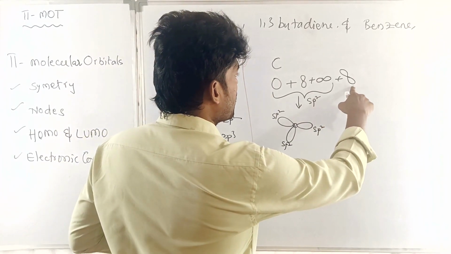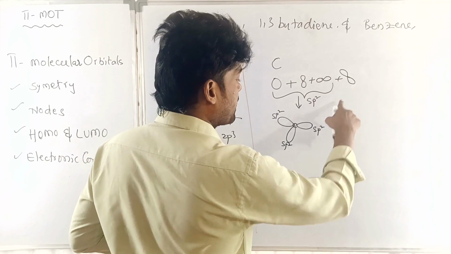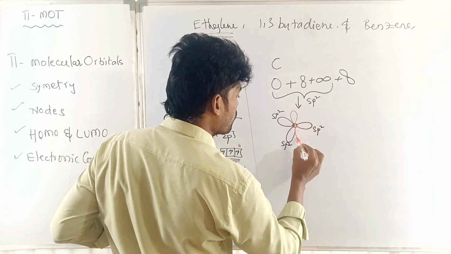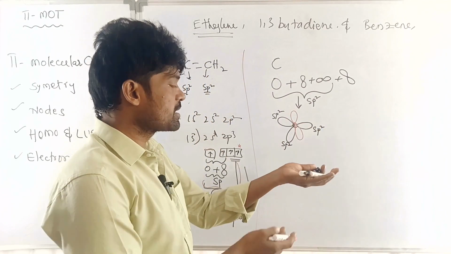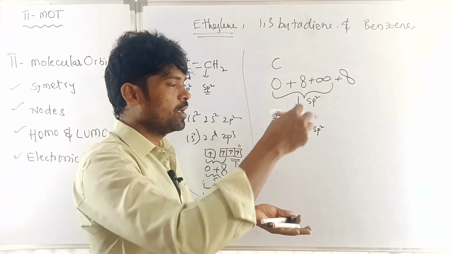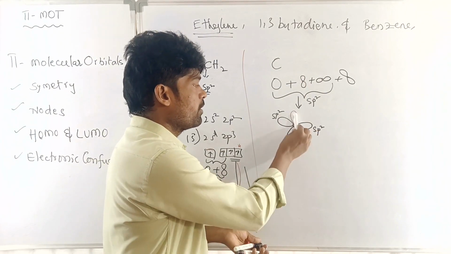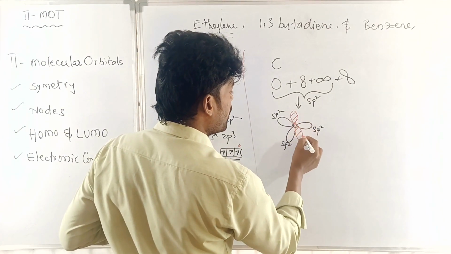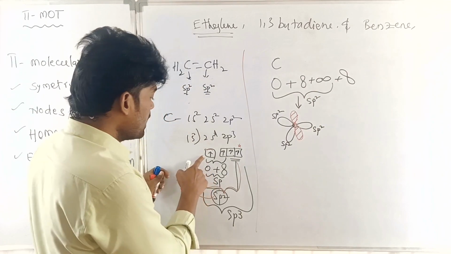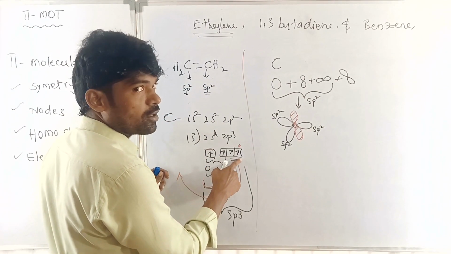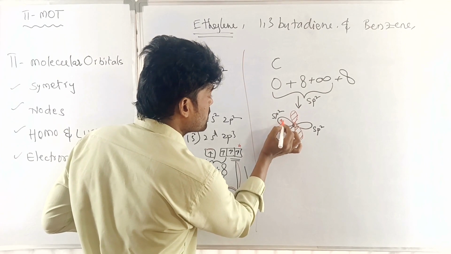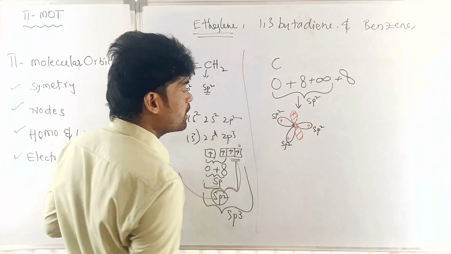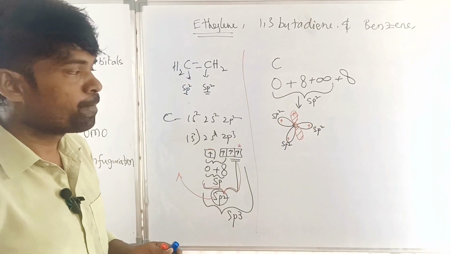Now the one which is not participating in hybridization is perpendicular to this structure. For example, this structure is a planar structure. Perpendicularly, the unhybridized orbital will be present. So this is the p orbital. If you check here, one electron, one electron, one electron, one electron. So here one electron is there, here also one electron, here also one electron. One more electron will be present in the unhybridized p orbital also.